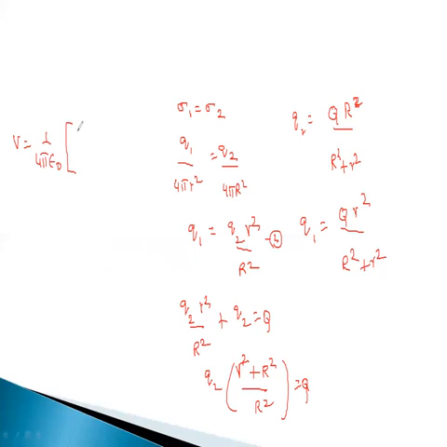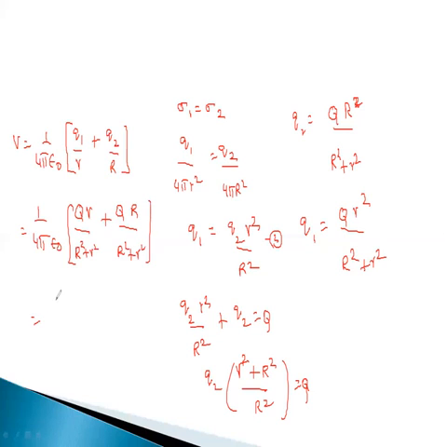Due to the first sphere it will be Q1 by small r, plus due to the second sphere it will be 1 by 4 pi epsilon naught into Q2 by capital R. If you just substitute here the values of Q1 and Q2, if you substitute the Q1 value, one small r and small r will get cancelled, and finally you will get Q into small r by capital R square plus small r square, plus Q into capital R by capital R square plus small r square.